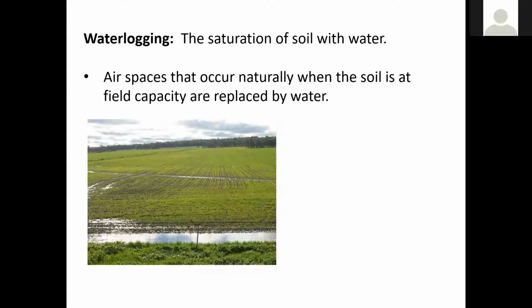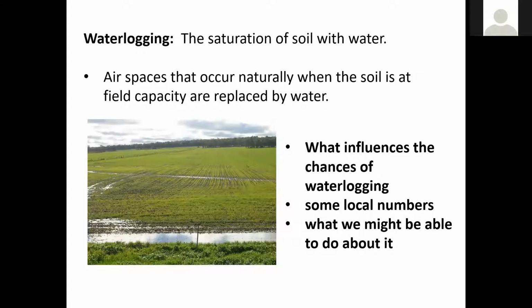What I want to focus on in this talk, based on some feedback that Lisa and Michelle gave me, were three things. One was to talk a little bit about what influences the chances of getting waterlogging, because there are a whole range of different factors that contribute to the risk of waterlogging occurring.